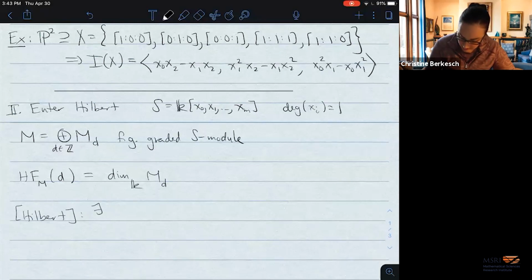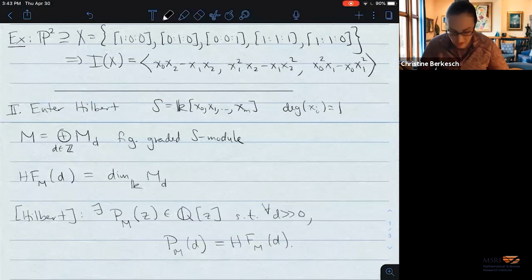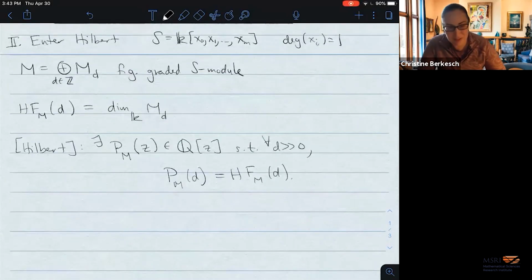So there exists a function I'll call P sub M, a rational polynomial, such that when D is sufficiently large, my polynomial gives me the value of the Hilbert function. Okay, so this is a really beautiful result that gives us a lot of nice, helpful information, even geometric information about the module M. For instance, the cyclic module S mod I of X in the setting we were just looking at.